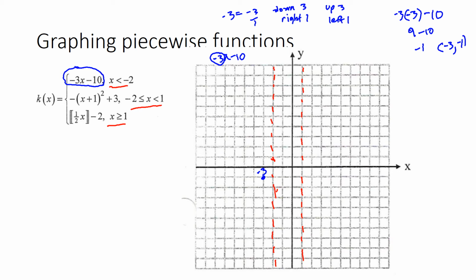So if we applied this pattern, the points would go as follows. From this point that we put here, up 3 and to the right 1, up 3 to the right 1, up 3 to the right 1, and then if we continued, we'd go down 3 and to the right 1.